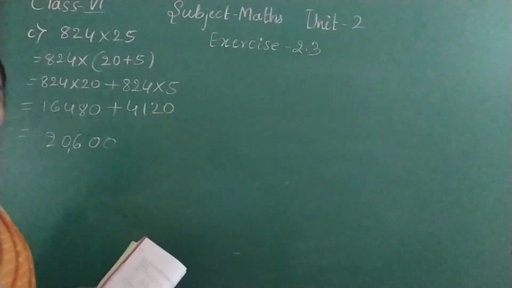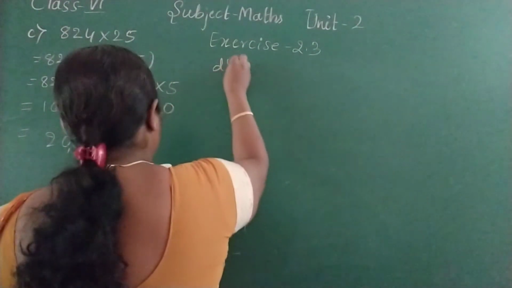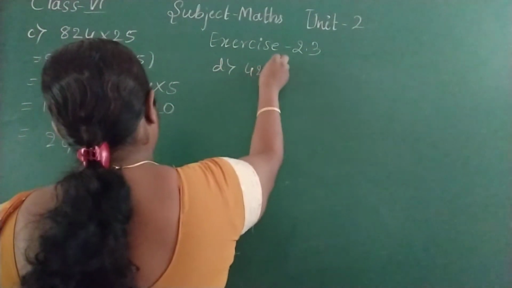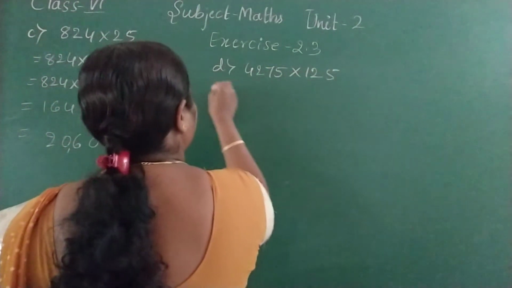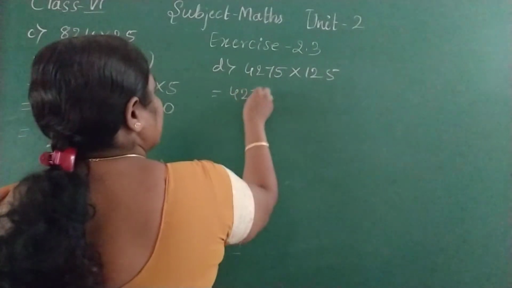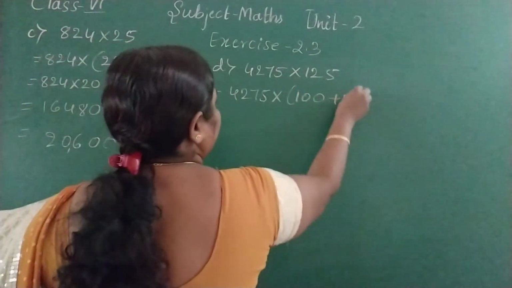D. 4,275 into 125. This can be written as 100 plus 25.